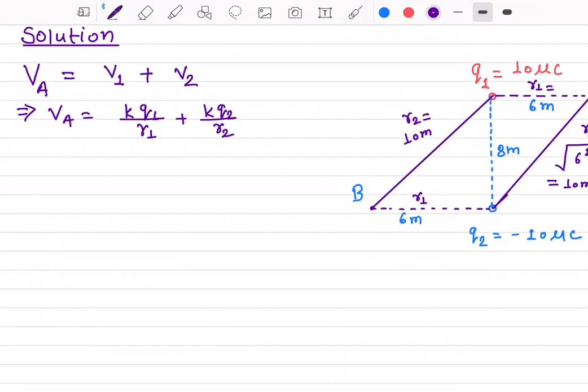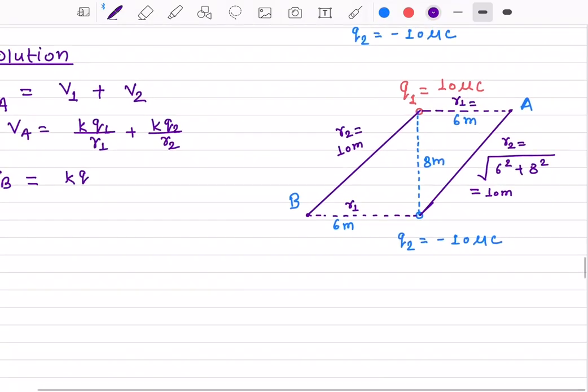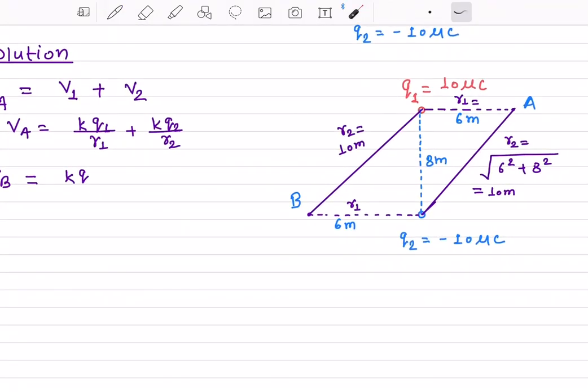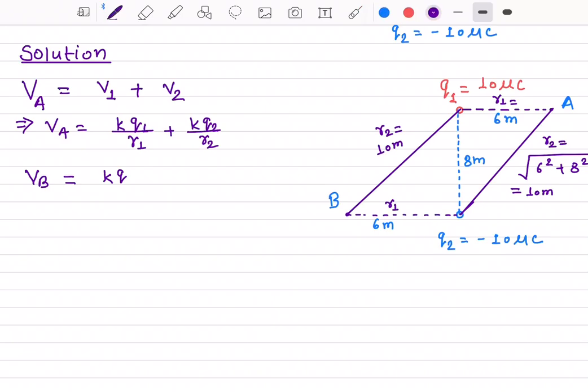Similarly, potential at point B. In this case, we are interested in finding the potential at point B. So at point B, the potential will be KQ2 divided by R1 plus, now due to this charge, the potential at point B will be KQ1 divided by R2.